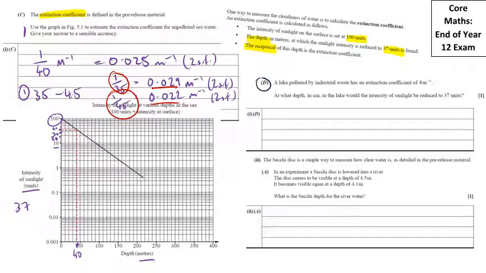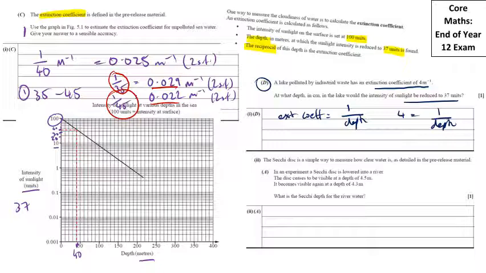In part D, we're told what the extinction coefficient is, and remember this extinction coefficient is equal to the reciprocal of the depth where sun intensity is reduced to 37 units. So 1 divided by the depth. Now, the information we're given here is that the extinction coefficient is 4, so that's equal to 1 divided by the depth, where sunlight's reduced to 37 units.